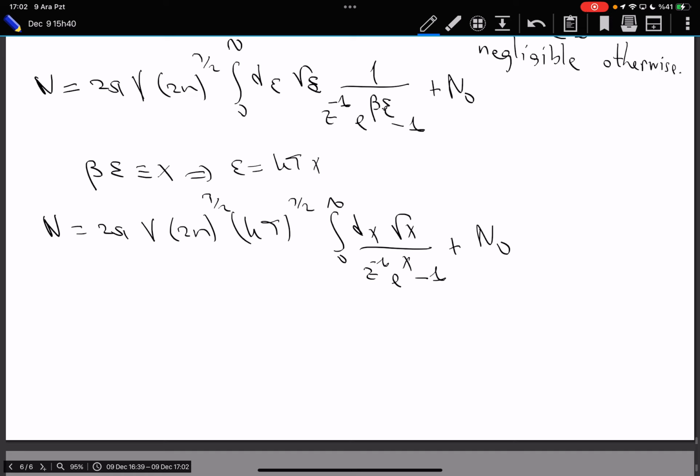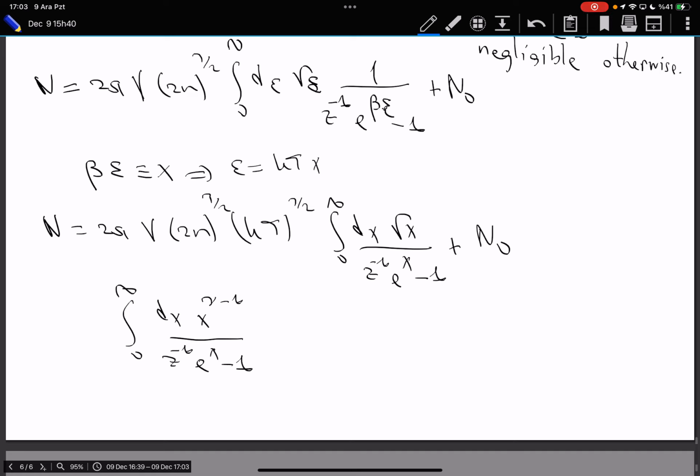Well, such functions we will see quite frequently when we are studying bosons. Such functions, by such functions I mean this one. Well, if there were no minus ones over there, this just becomes the gamma function. In the case of the Maxwell-Boltzmann case, this is the ordinary gamma function.